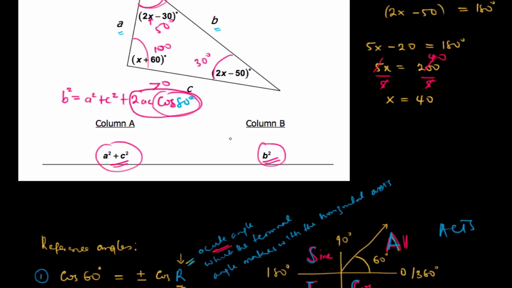But we said b squared is just a squared plus c squared plus some positive number. So without mincing words, you would agree with me that b squared has to be greater than a squared plus c squared. Now since b squared is greater than a squared plus c squared, the solution to this problem has to be b. Yeah, thanks for watching.